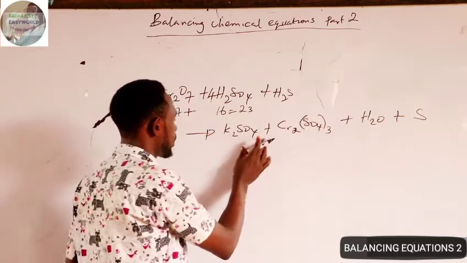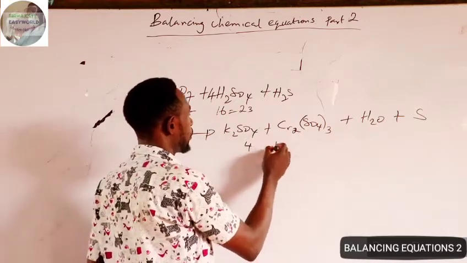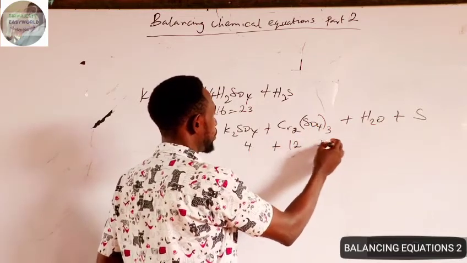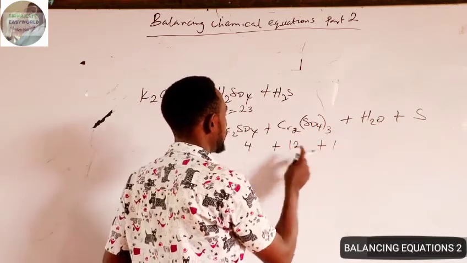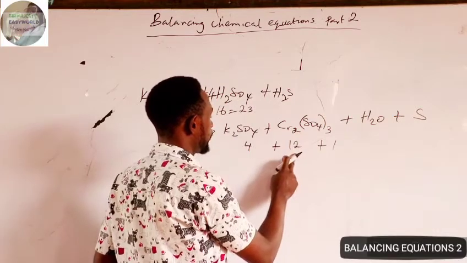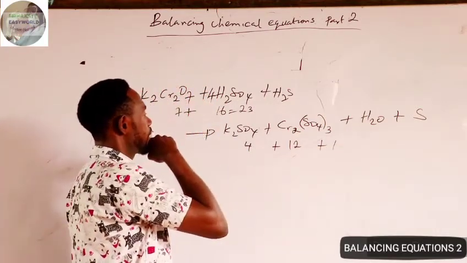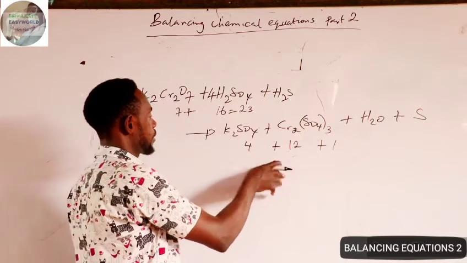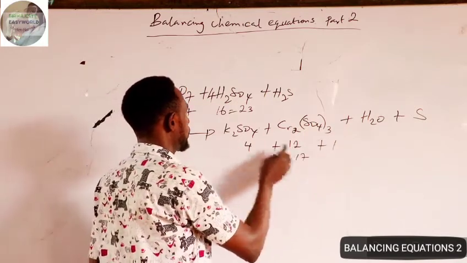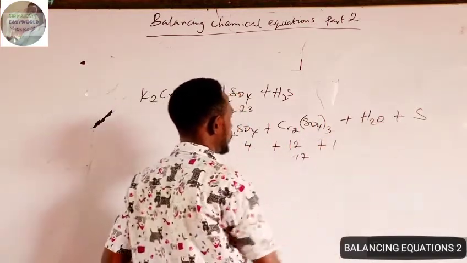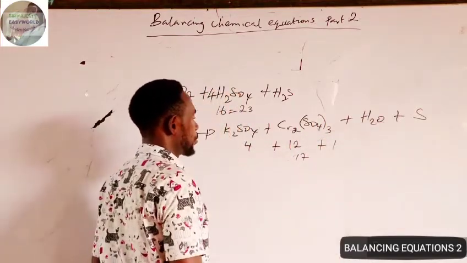Then oxygen here will be, this is 4, plus 3 times 4 is 12, plus 1. So we have 4 plus 12, which is 16. So we have 17. So we are still 6 oxygen less here. We are having 17 here, but here we have 23. Which means we have to adjust this to get us to 23.